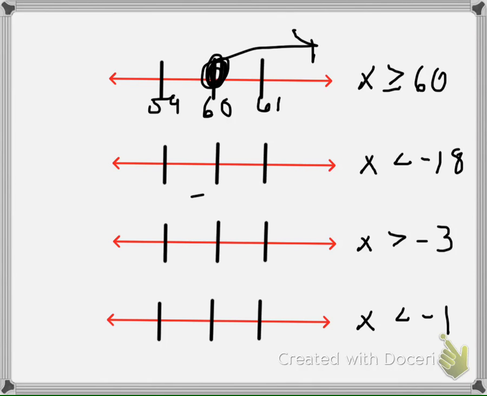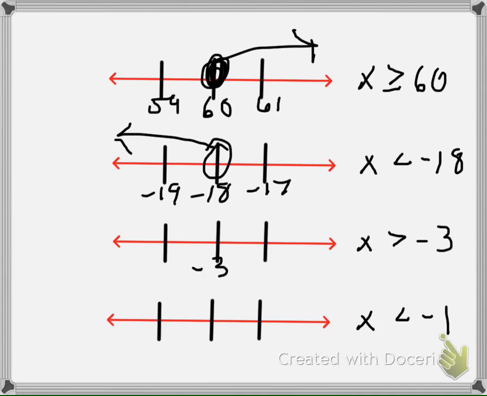Put -18 on there, one number smaller, one number greater. I read this, x is less than -18, and notice this time I didn't fill the circle in because there's no equal to line under here.